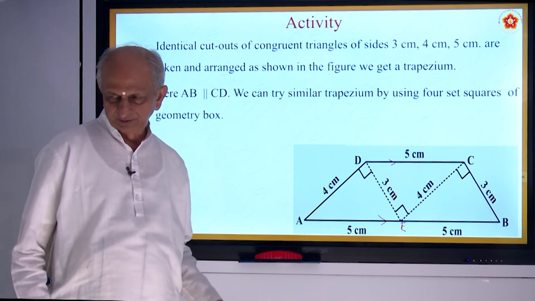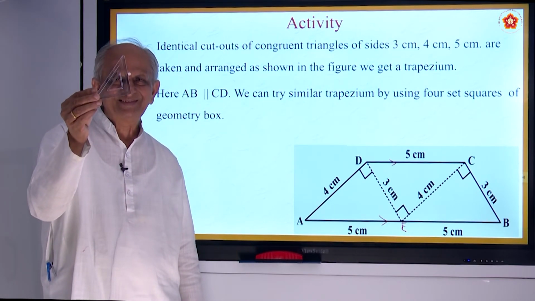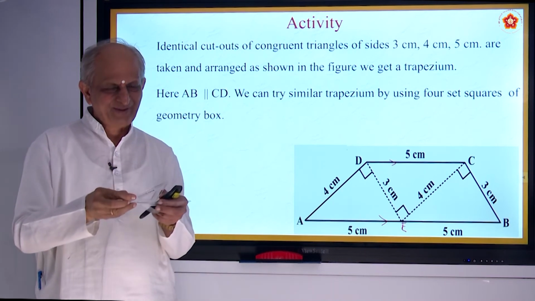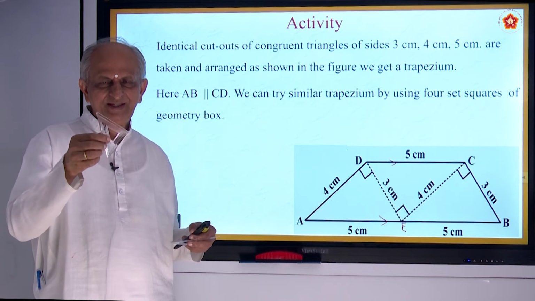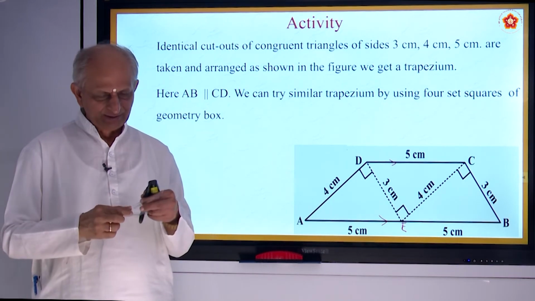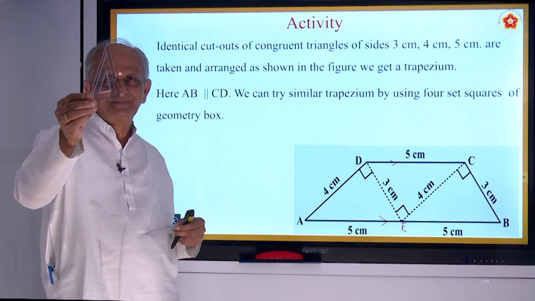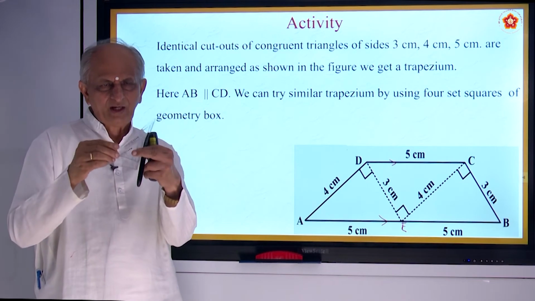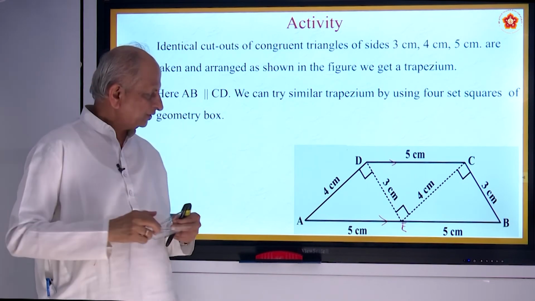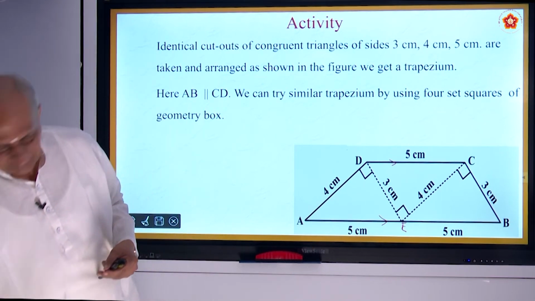So, in geometry box you have, all of you have seen set squares. So, this is a one set square with the angles 90, 45, 45. This is another set square with the angles 30, 60, 90. Okay, here one angle is 90 and the longest side is called hypotenuse. So, you can use set squares also and you can do that.